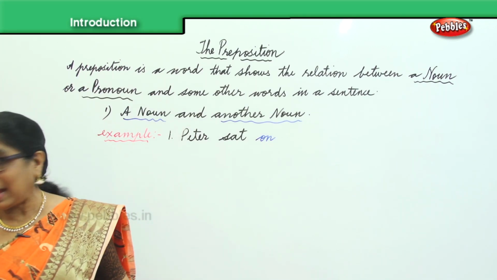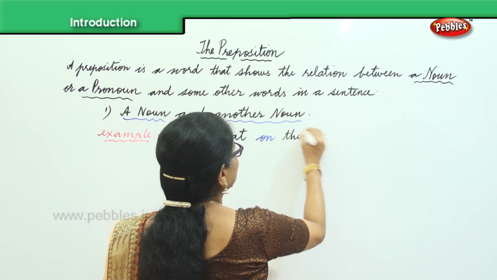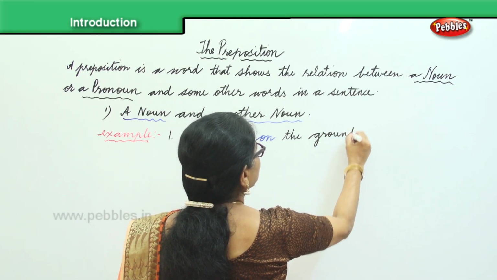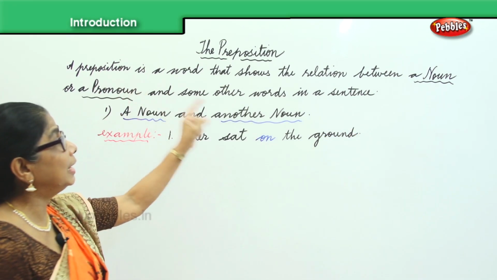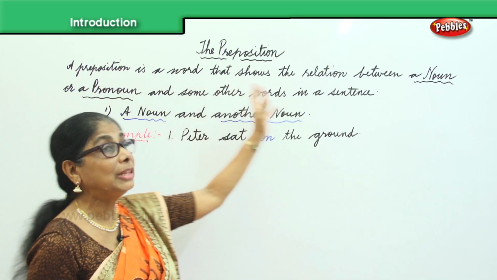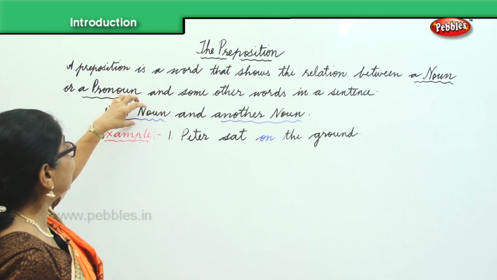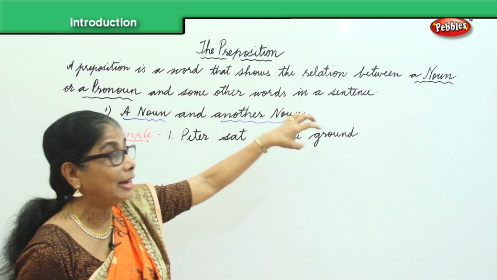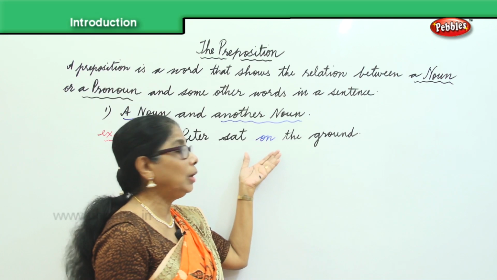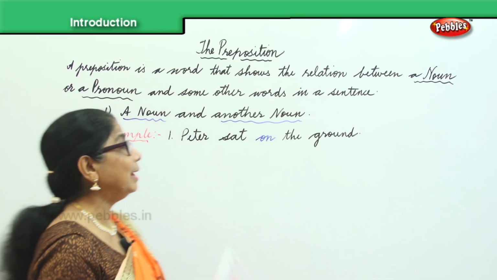On the ground. Preposition is the word that shows relation between a noun and a pronoun and some other word in the sentence. Now, in this sentence, it shows the relation between a noun, Peter, and another noun, ground. So, on is the preposition showing relation between a noun and another noun.